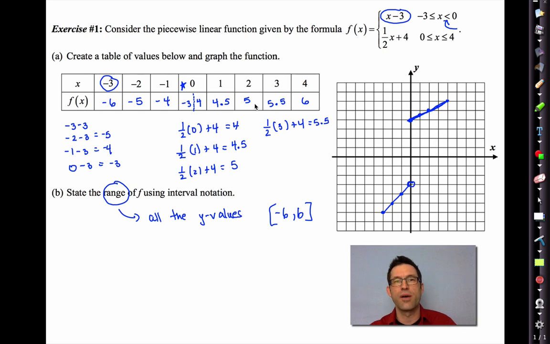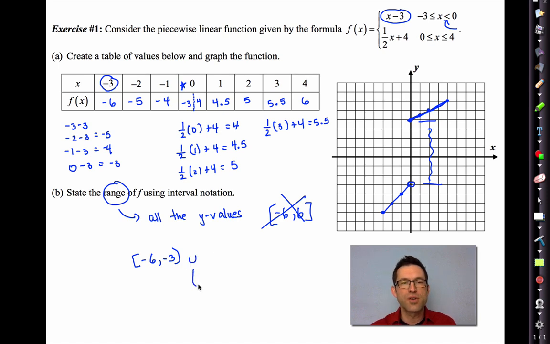Because that's the smallest y value, largest y value. The problem is there's this whole stretch of y values in here that we don't hit. So they're not part of the range. We can't do that. In fact, the range starts at -6. It goes all the way up to -3, but it never hits it. That's why I needed to calculate that thing.